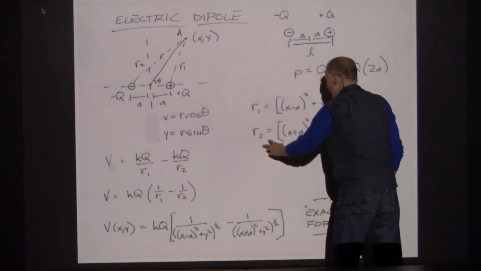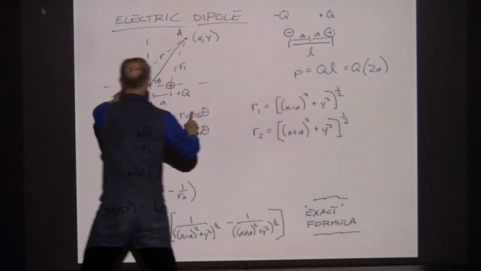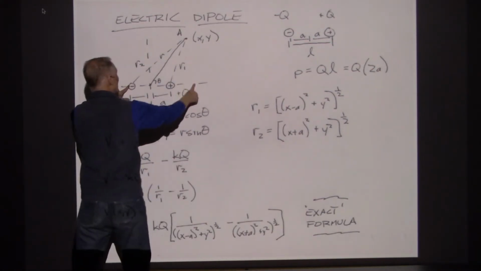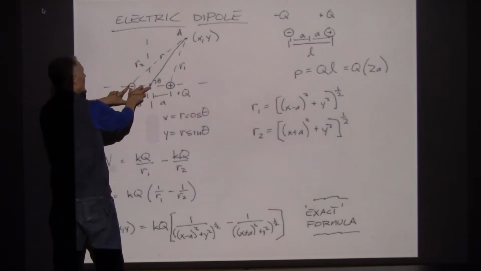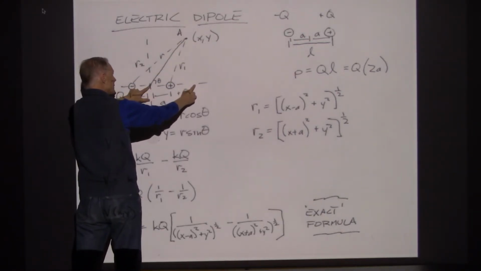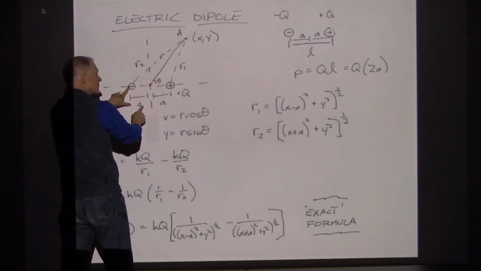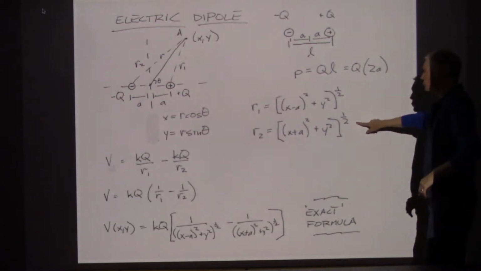Similarly, r2 I can get by taking x plus a. So if I'm looking at the right triangle that leads out to the negative charge, that has a length on this side of x plus an additional distance of a. So that's the difference between r1 and r2. Okay.